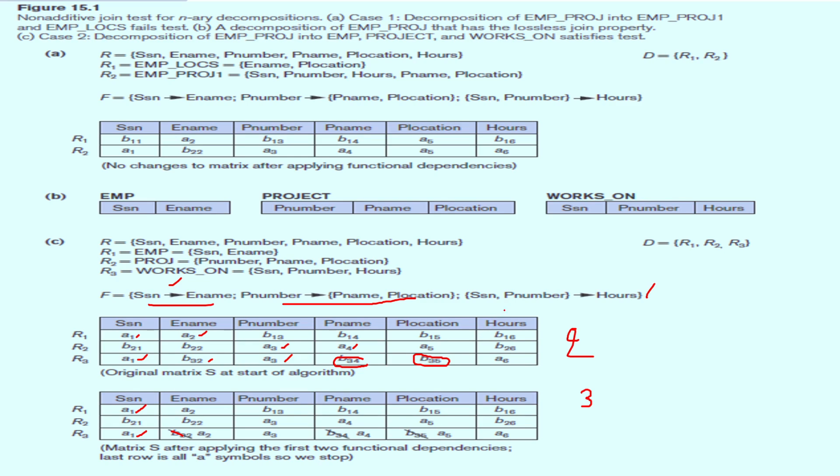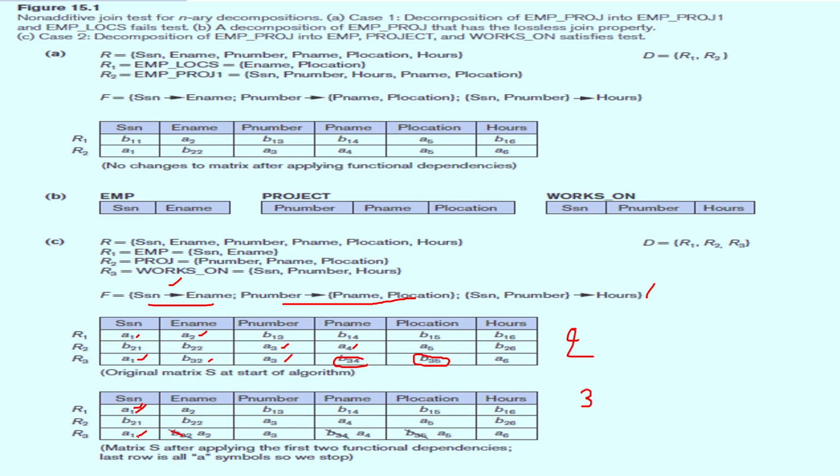In the same way, SSN and P number determine hours. In two tuples, if the SSN and P number values are the same, then you have to rename the hours also, as A6 here. But the P numbers you also have to check, the combination of SSN and P number.